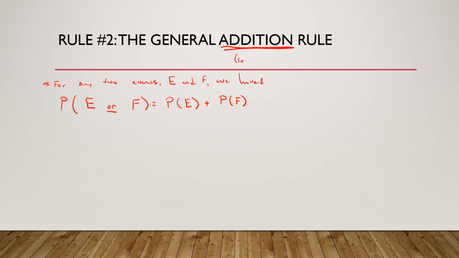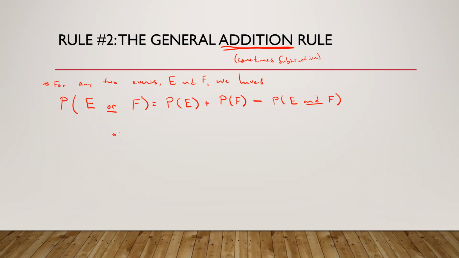And then this is where it gets a little weird. Sometimes subtraction as well. So you're going to always add the probability of E plus probability of F, but sometimes you're going to have to take away the probability that events E and F happen. Okay.